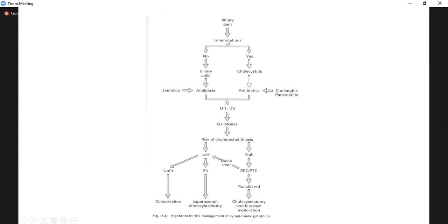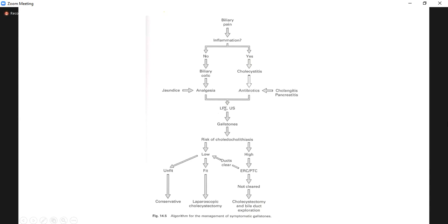On the other side, let's say there's inflammation. When there's inflammation with biliary pain, that is cholecystitis, okay? And you treat that episode with antibiotics, everything we have told you: oral antibiotics, antiemetics, analgesics, right?